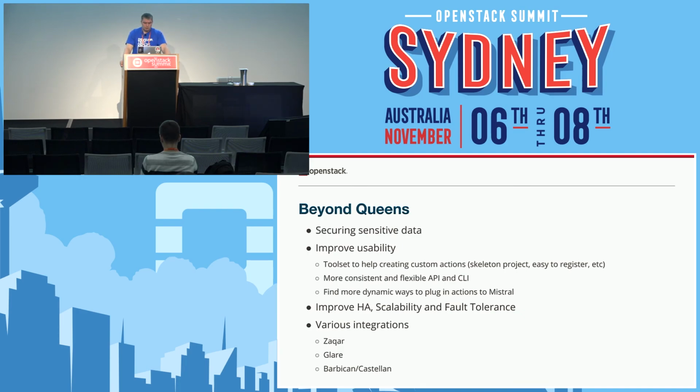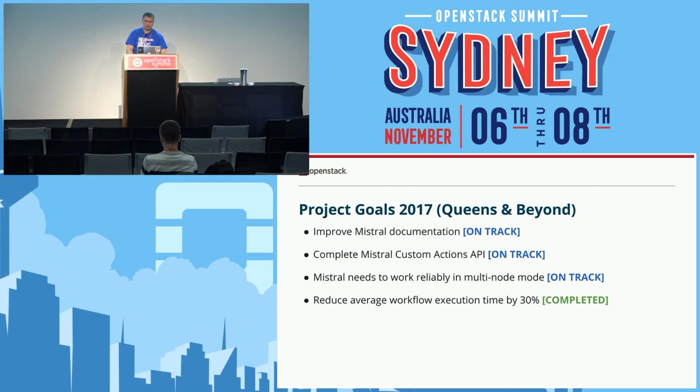Like I mentioned, there should be integration with Barbican and Castellan, and we're also considering using Glare as the workflow definition storage. These are the goals we set up for this year, just for information. And like I mentioned before, reducing average workflow execution time is already achieved.